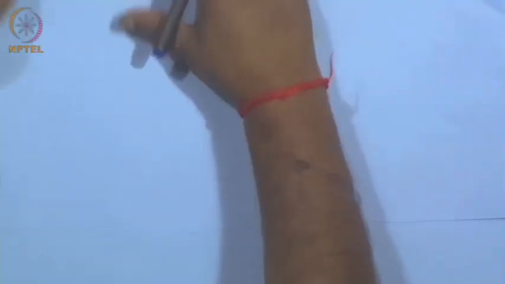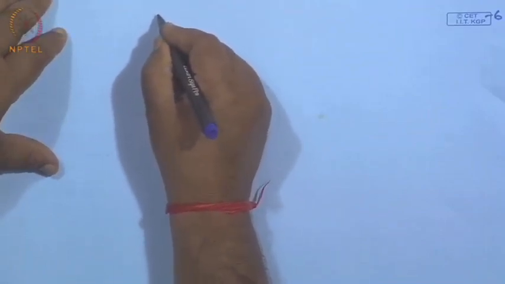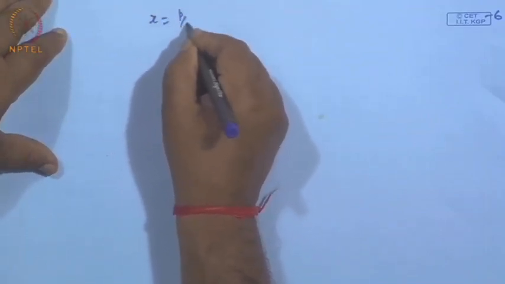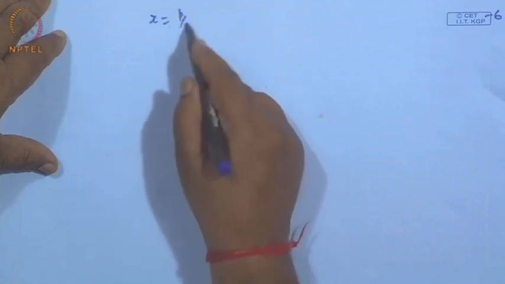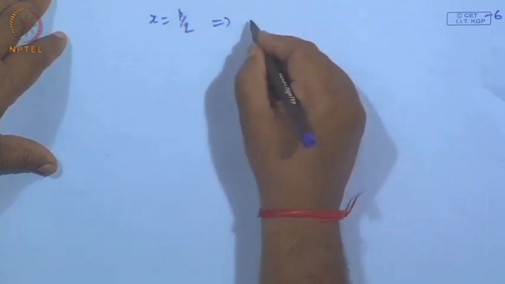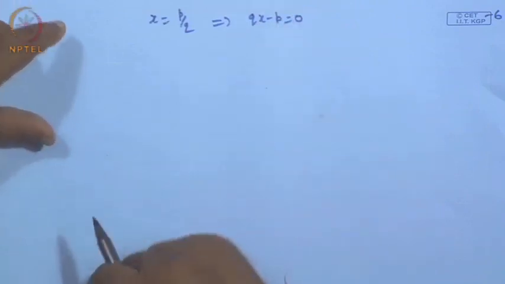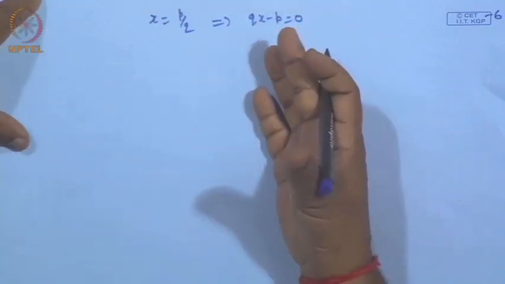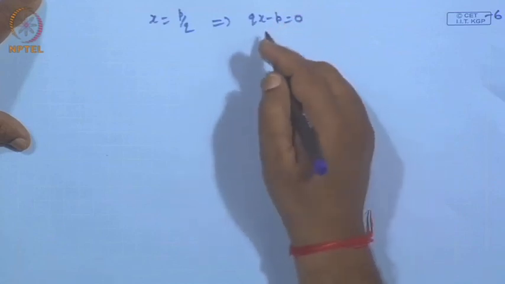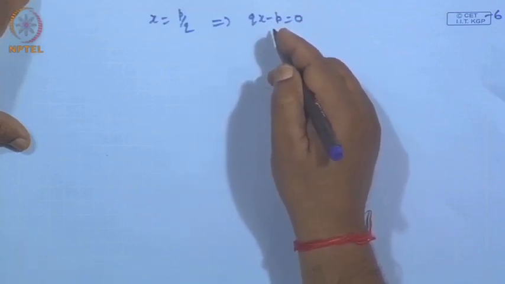Is it clear? Why rational number? Suppose I take x equal to p by q. This is a rational point. Is it not the equation qx minus p equal to 0? It is an algebraic equation of degree 1. So, it means the solution of an algebraic equation may be rational also.